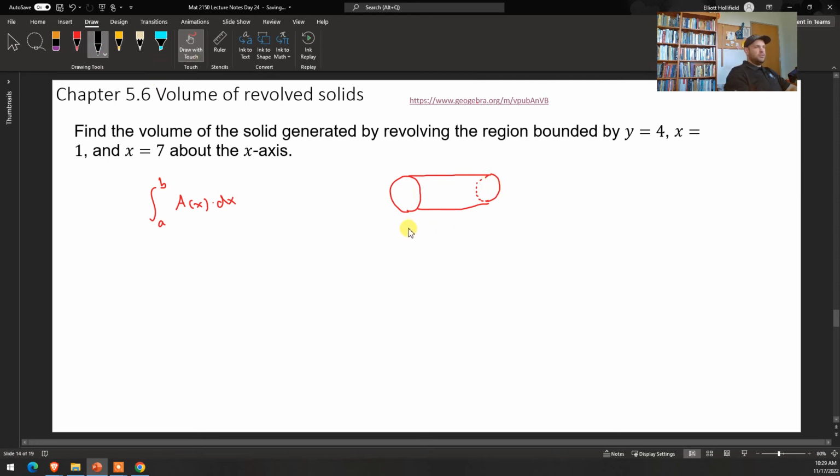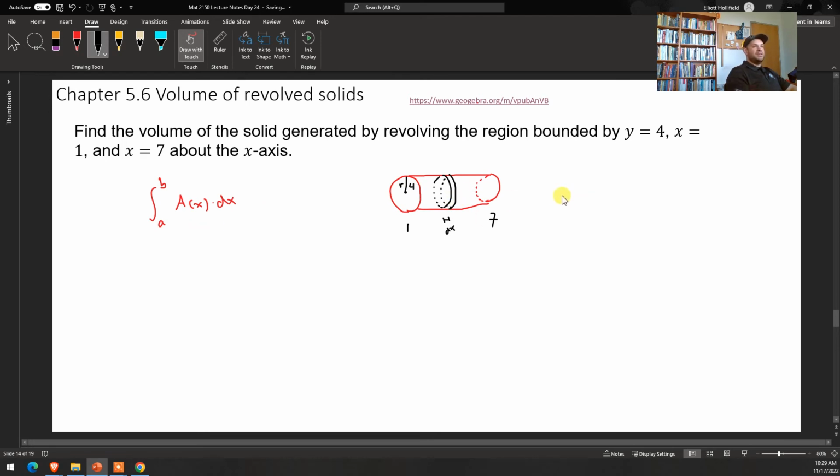Our cylinder starts at x is equal to 1 and ends at x is equal to 7. And we divide it up into these little slices with thickness dx and the area that we need to find. But keep in mind, we started with the function y is equal to 4 and revolve this object around the x-axis. That means our radius is equal to 4.